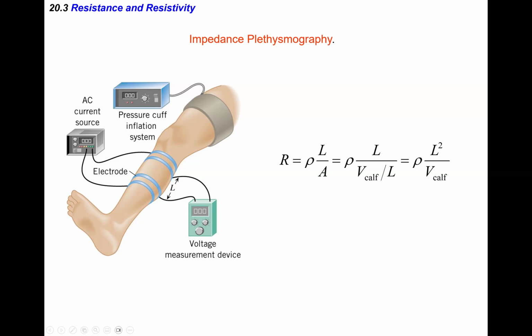Basically you can measure the blood pressure. Okay, so L over A, and the L times L becomes L squared, and this is volume, okay? Because volume will be equal to area times length. So that's why you can get this, rho times L squared over V.